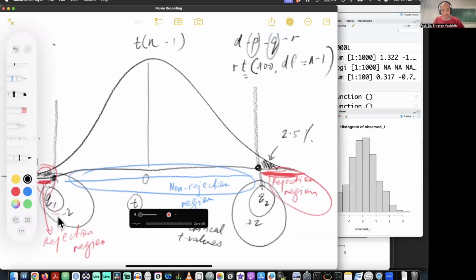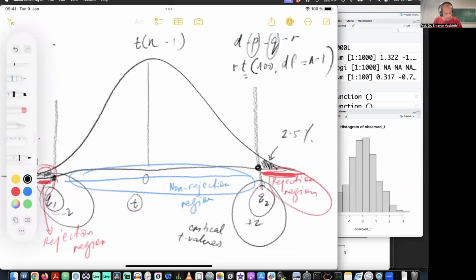If it is more extreme than the critical t-value, that implies that it's lying in the tails of the distribution, right? So in this example, if my critical value is 2, and I get an observed t-value of 4, that means I'm landing somewhere here, based on my data. So I'm landing in the tail of the distribution, and in effect, I'm landing in the rejection region. Therefore, I would reject the null hypothesis by just looking at the observed t-value.